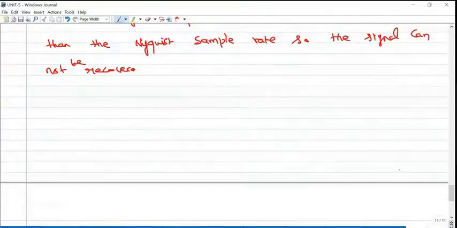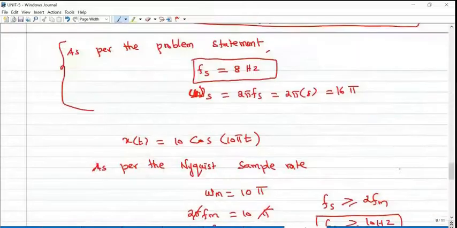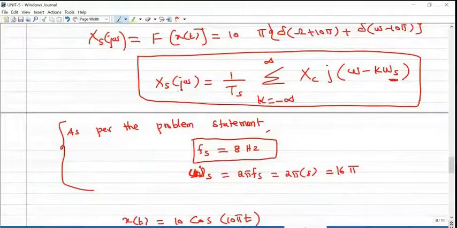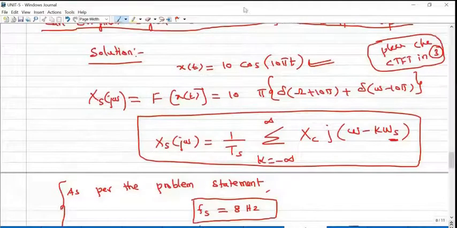X c of j omega equal to... look at this, because it is 10 cos 10 pi t. This is our actual information which we are going to take through the sampling. We are applying the sampling process. So the CTFT of the continuous time signal 10 cos 10 pi t is the result.